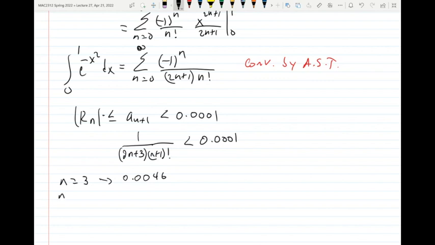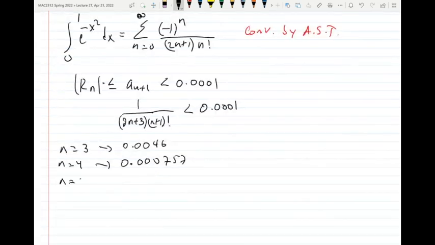Not good. So if we put 4, it's going to be 8 plus 3, 11. So 11 times 5 factorial. Then flip it. I get 0.00, I already have my 3 zeros, but then I have a 7 here. So I'm going to keep going one more, and that's going to do the trick.